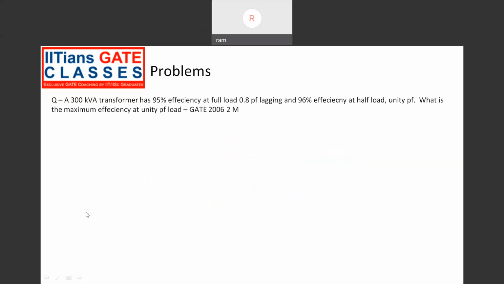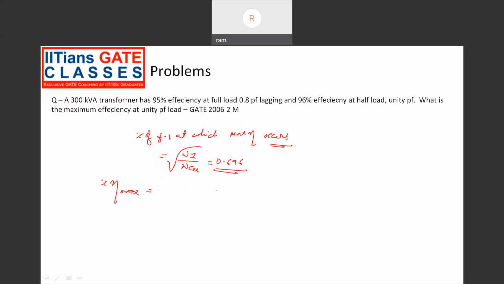So we know that for maximum efficiency, first we have to find the fraction of full load at which maximum efficiency occurs, right? That is given by square root of Wi by WCU. So that is equal to 0.696.